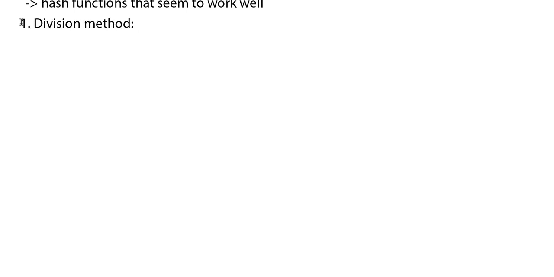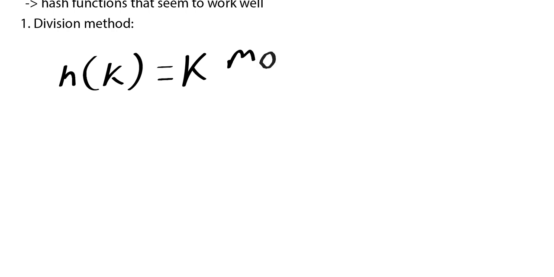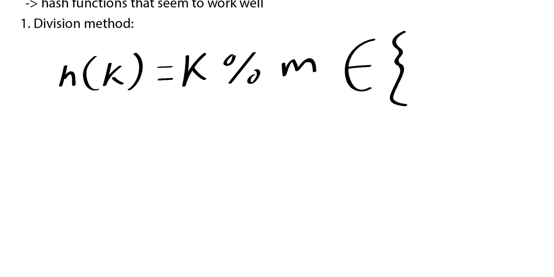The division method is something like this. h of k equals k mod m, and because we mod it with the number of slots we have, this is going to be in 0 to m minus 1.